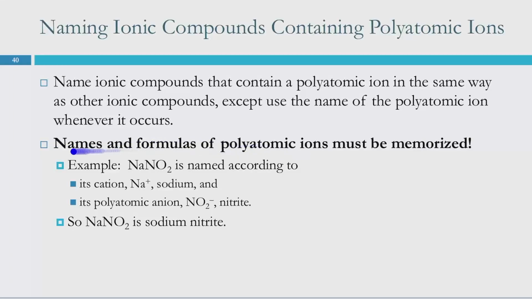We do have to memorize names and formulas for polyatomic ions and anions. So for example, NaNO2, the Na is the cation, Na plus, sodium. The polyatomic anion, NO2 minus, is nitrite. So we have sodium nitrite.